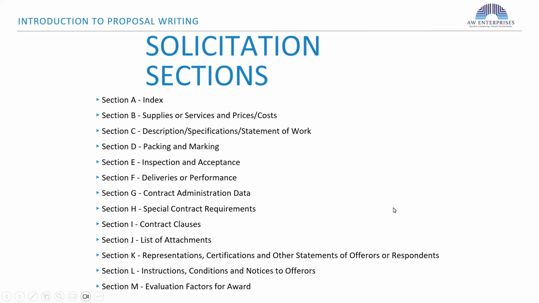section L. Now I call section L the second most important area to review when you're trying to make a decision about whether you're going to bid this thing or not. Because I've been in this business a long time and I've seen certain oversights that could cost you that contract.